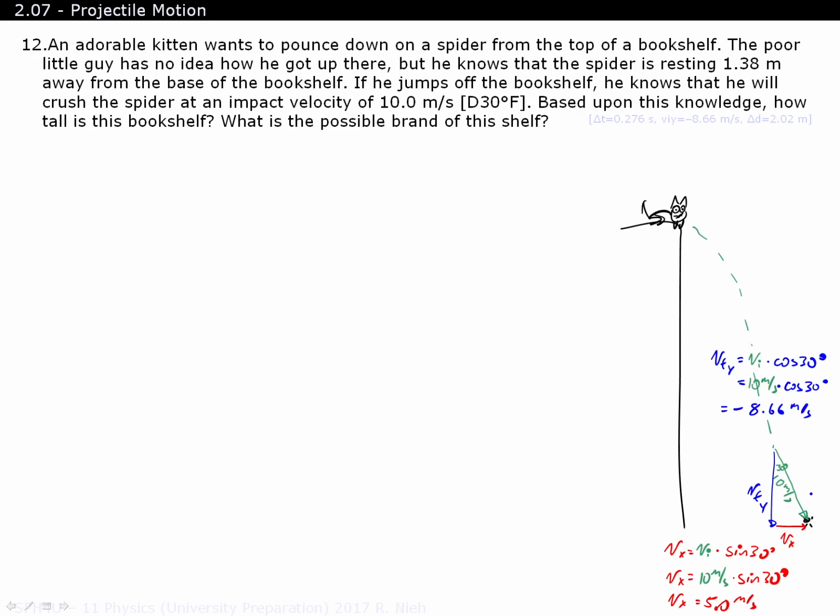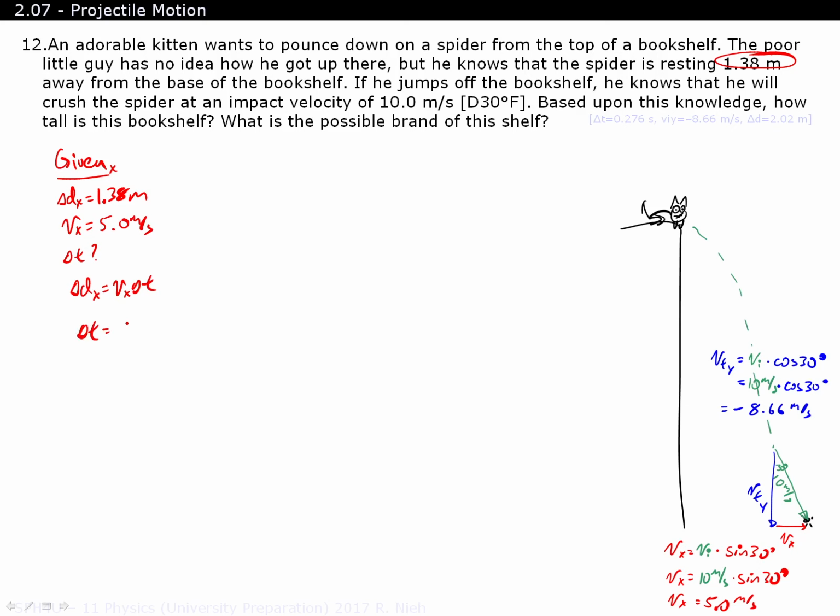Okay, so what do we know so far? Well, we know that the spider is located 1.38 meters away horizontally. All right, so we have enough information to start solving this in the x dimension. We have a dx of 1.38 meters. We have a Vx of 5.0 meters per second. So if we're trying to solve for time, we'll take this formula and isolate for time.